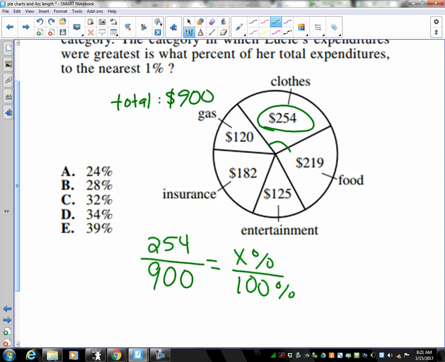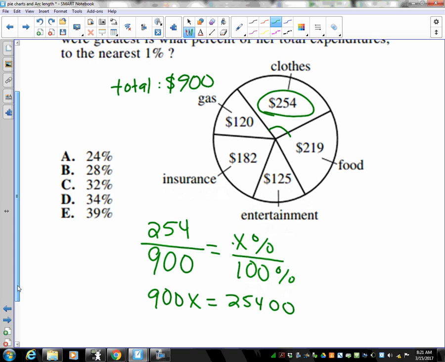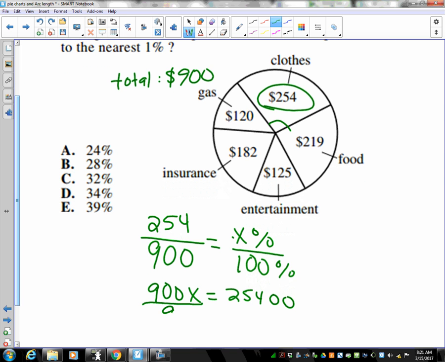So if it was looking for the angle instead of a percent, I would have used x degrees over 360 degrees, the part to the total there. Now, let's just cross multiply and solve here. So we get 900x equals 254 times 100, which would be 254 with two zeros onto it. And now we're just going to divide by 900.